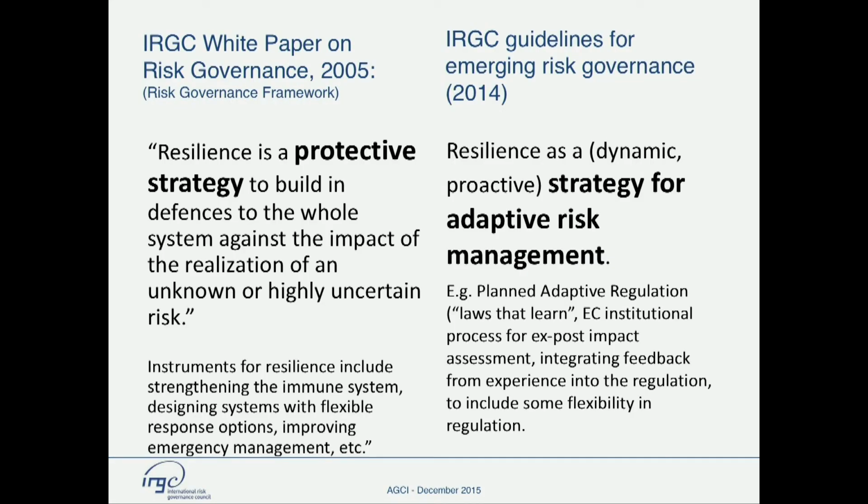Our first definition of resilience described it as a protective strategy. Now, especially as we move towards risks that we understand as emerging or marked by uncertainty and change, we move towards a characterization of resilience where we intend to develop strategies for adaptive risk management.